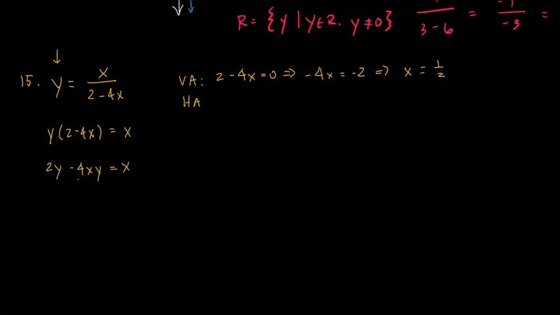Let's consolidate the x to one side. So 2y equals x plus 4xy. Let's go ahead and take an x out. We have 1 plus 4y equals 2y. We're going to divide both sides by 1 plus 4y.